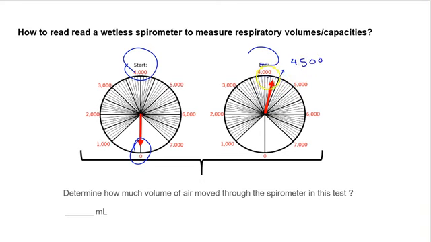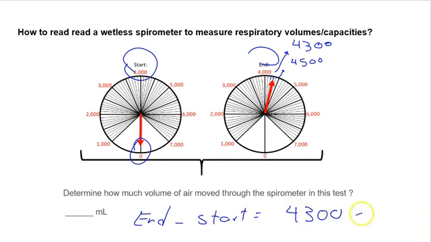So it means each line equals 100. So 1, 2, 3. It's showing 4,300. Okay. So then do this: ending point minus starting point. We have 4,300. What was our starting point? 0. So that would be the volume that you wanted to measure, 4,300 milliliters.